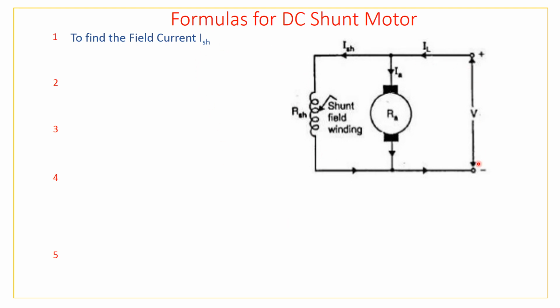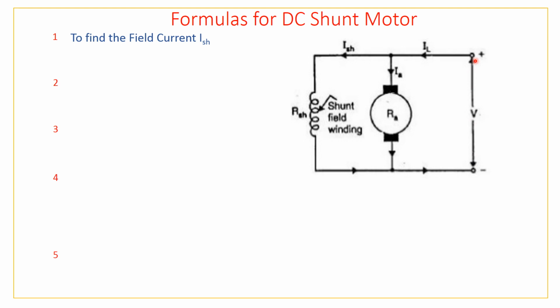In a DC shunt motor, the name itself tells you the windings are connected in parallel fashion, that is shunt mode. Therefore you can see that the armature is connected in parallel with the field winding. That's why we call this motor a DC shunt motor.